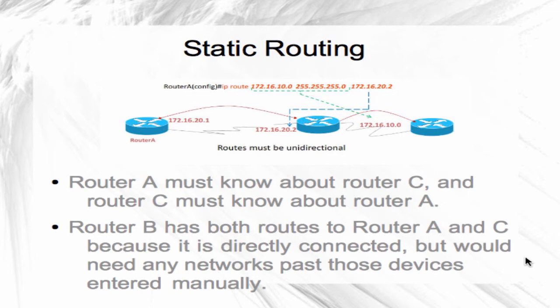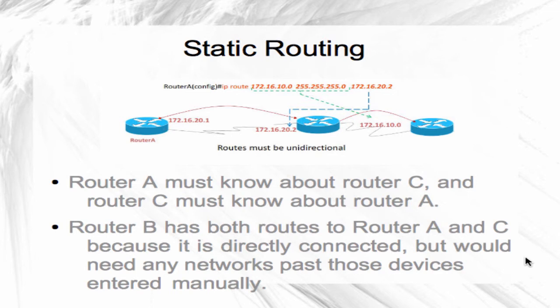The next hop for router A is going to be the first interface that it hits on the next router, which is going to be 172.16.20.2.